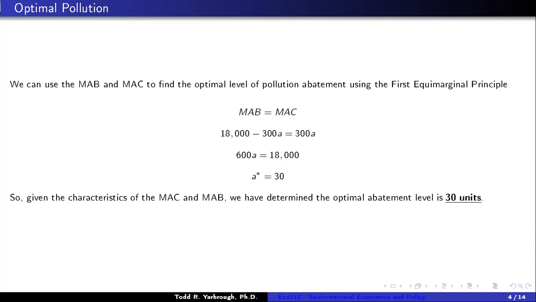So we just take the marginal benefit curve and we set it equal to the marginal cost curve. And when we do that and we solve for A, we get that A star is equal to 30. As we said previously, the policy proposal was for both firms, across both firms, to have a total abatement of 30 units, and this is where that came from.